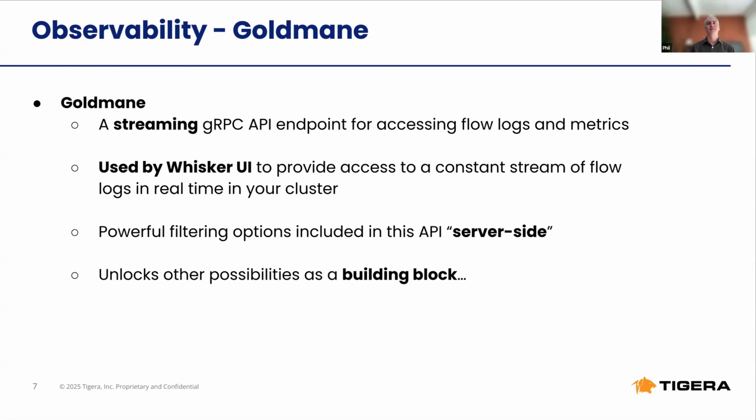As you're viewing the manifest for a new policy, you can also have the flow logs from Goldmane piped into your IDE and get feedback on things you could do to improve the policy, maybe address certain issues that you might be getting from denied traffic, things along those lines. So pretty exciting stuff. And I'm excited to see what the community comes up with in terms of building new integrations on top of Goldmane.